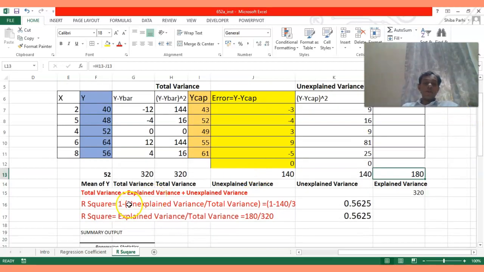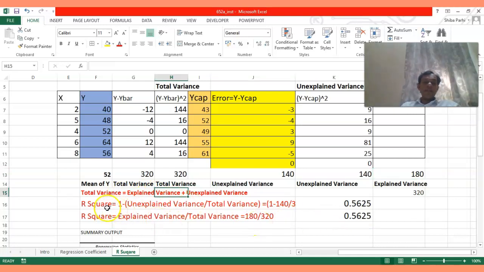So total variance is equal to explained variance plus the unexplained variance. So the explained variance is equal to total variance minus the unexplained variance. Total variance is 320, unexplained is 140. Taking this unexplained to this side, it will be subtract. So 320 minus 140 equals 180 for the explained variance.